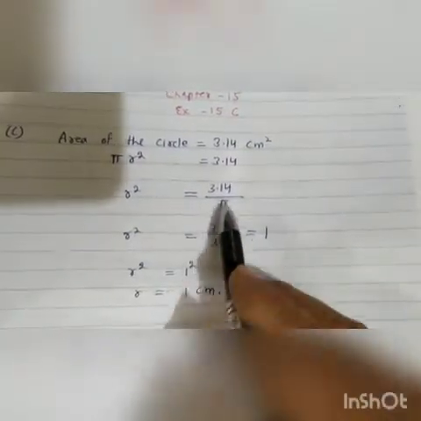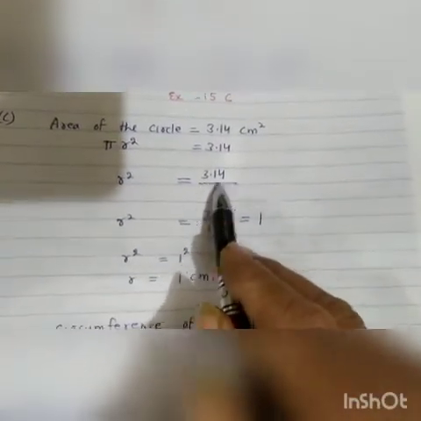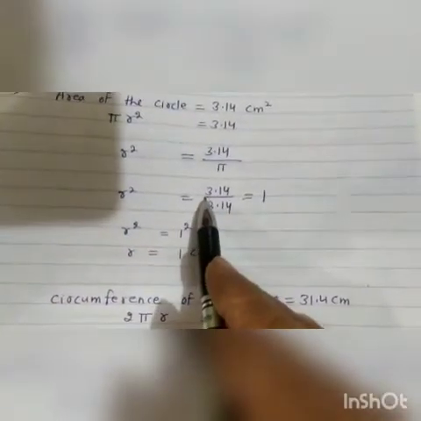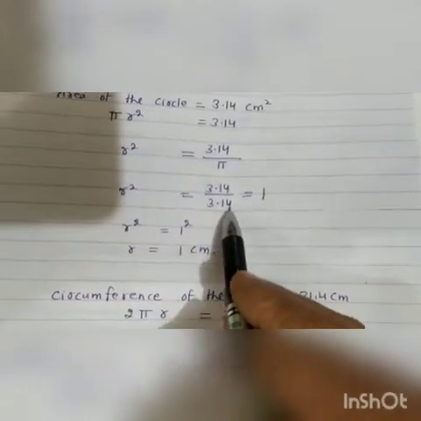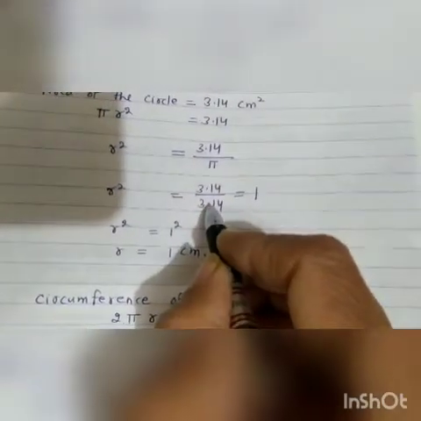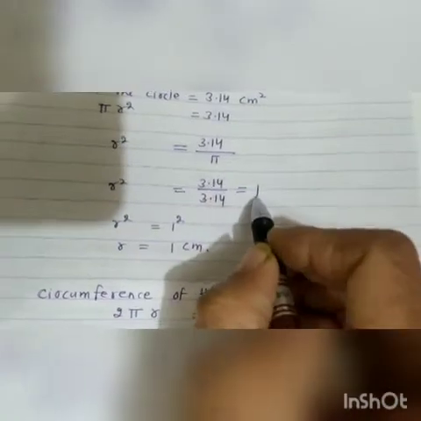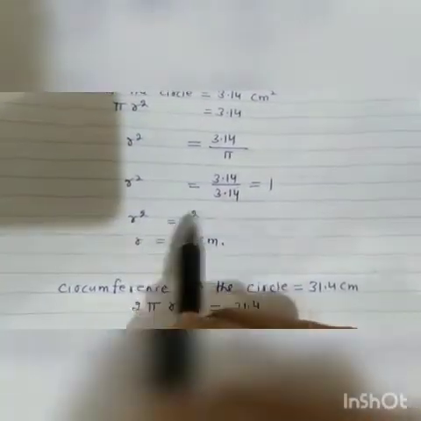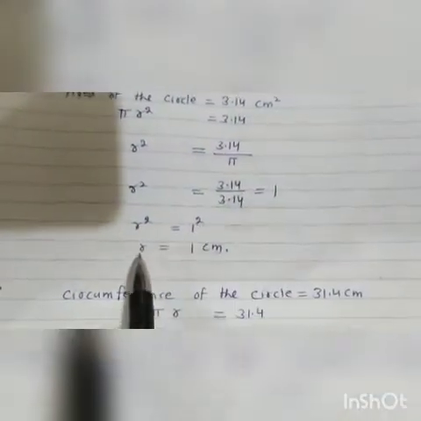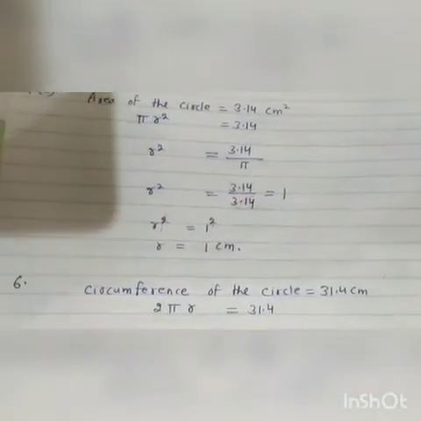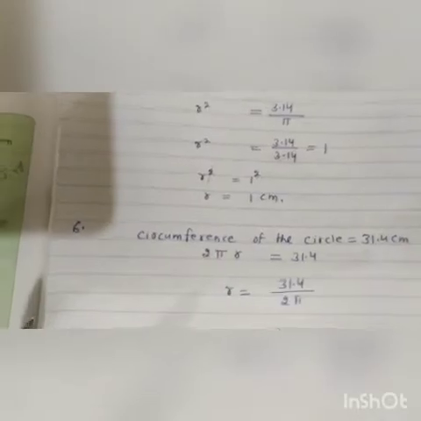R square is equal to 3.14 upon 3.14. Both are the same, so they cancel, we get 1. Now r square is equal to 1 square, so r is equal to 1. Square cancel.